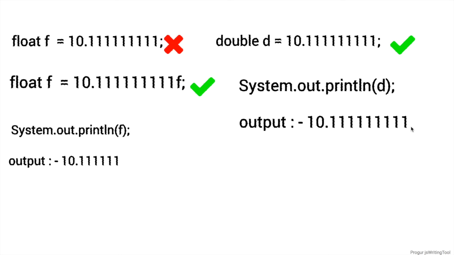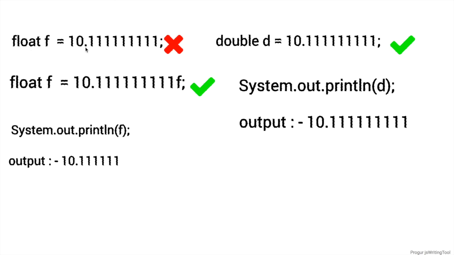So what is the conclusion? If you look closely, here you want to store up to 9 digits after the decimal point in a double value, and here you want to do the same thing, 9 digits after the decimal point, within a float type.